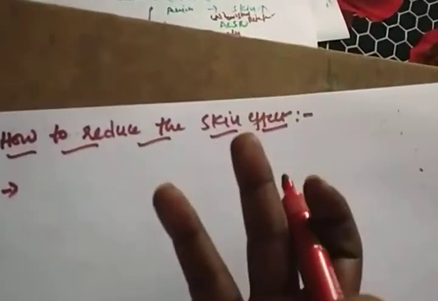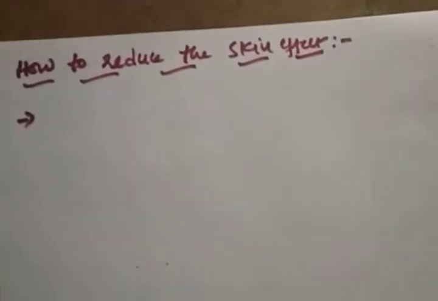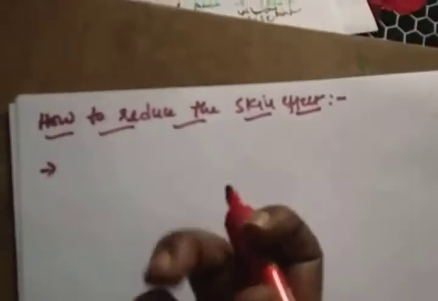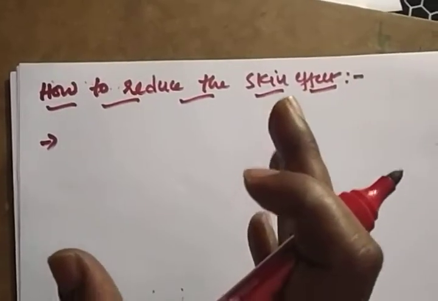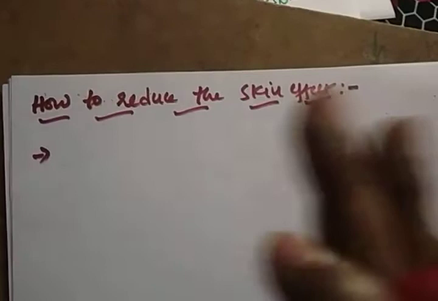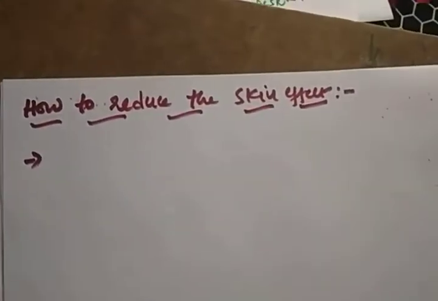If the losses increase, the efficiency reduces; the total efficiency of the system reduces. If the losses increase, the voltage regulation also reduces. So these are the effects of the skin effect in a transmission system. We should definitely reduce the skin effect while transferring power from the sending end to the receiving end.